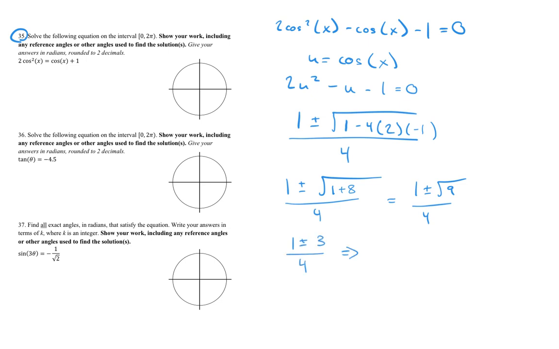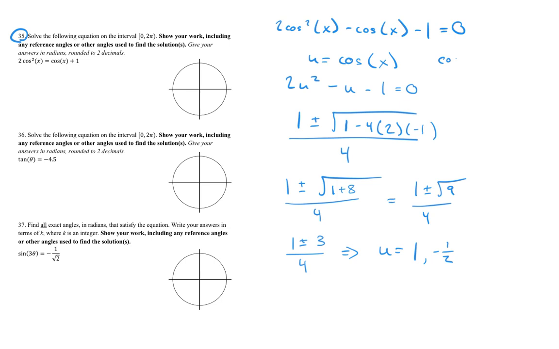So we're going to have two separate answers here. One is going to be that u is going to equal 1. And then our other answer is that u is going to equal negative 1/2. So from here, we're going to take this and plug it back in up here.